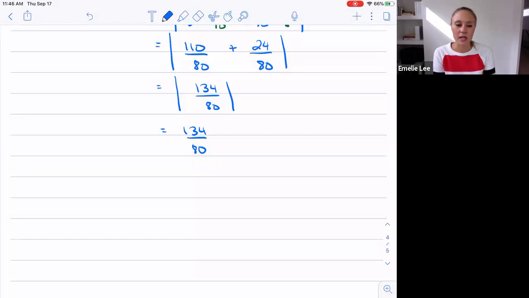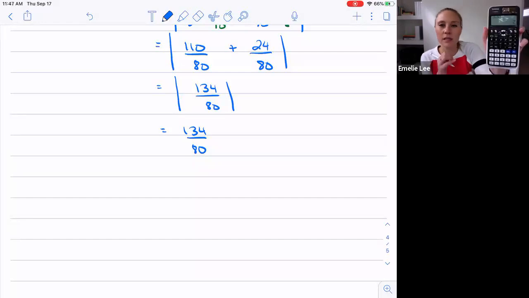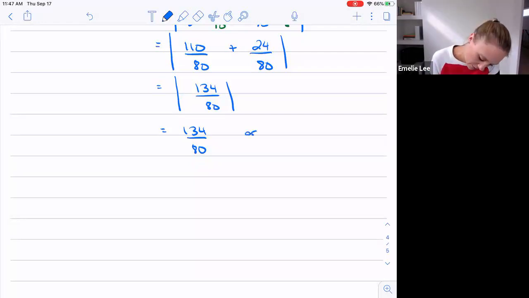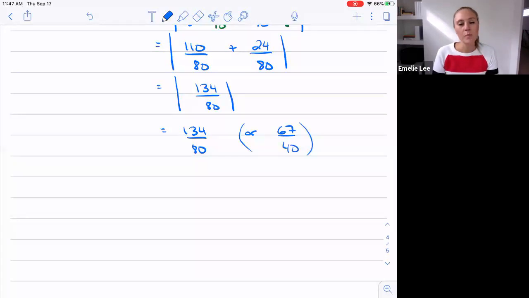Here, I would say you're done. I'm not that picky, but if you have kind of one of these calculators, 134 over 80 it'll just give you the reduced, so the simplified form. So if you have one, so then you could say or 67 over 40 if you want to, but not necessary.